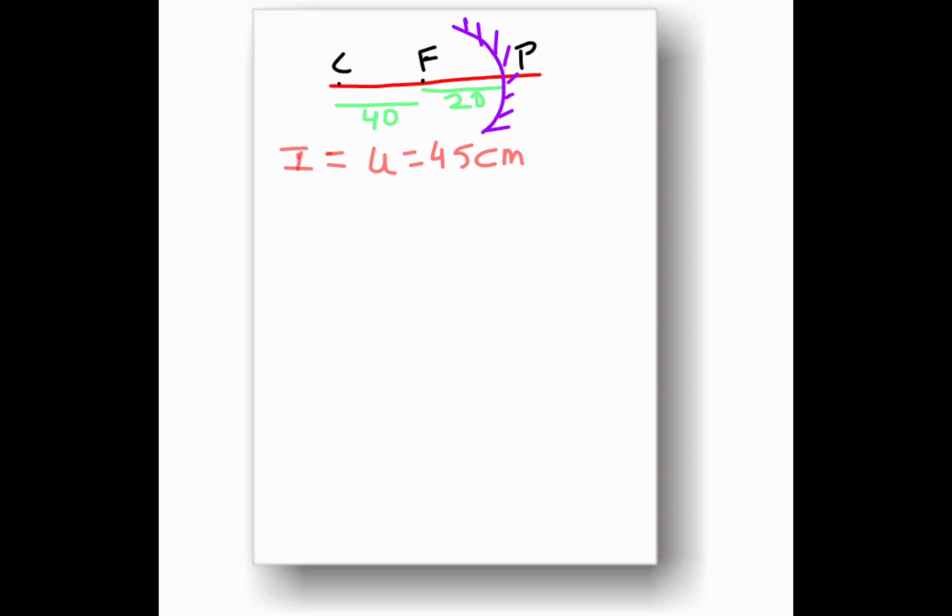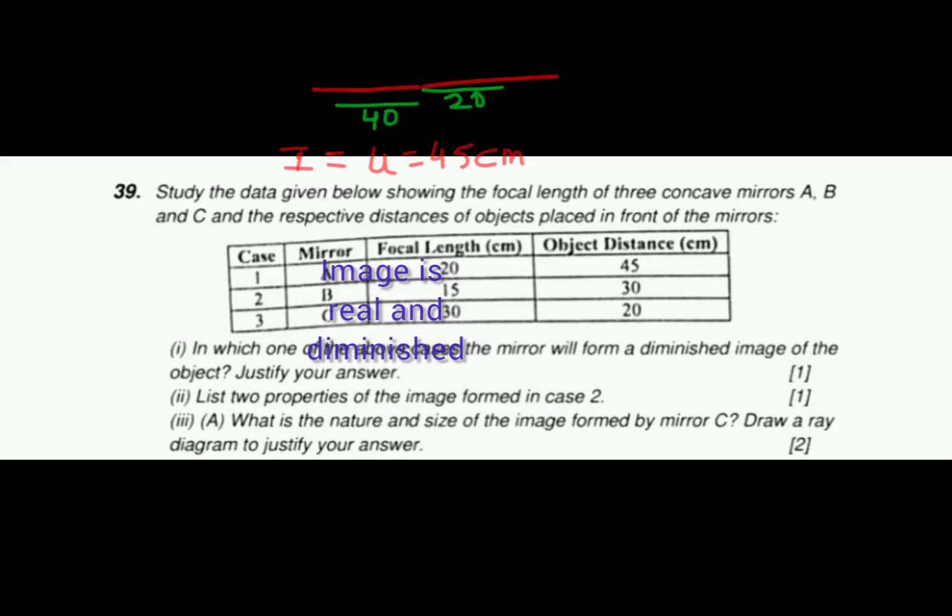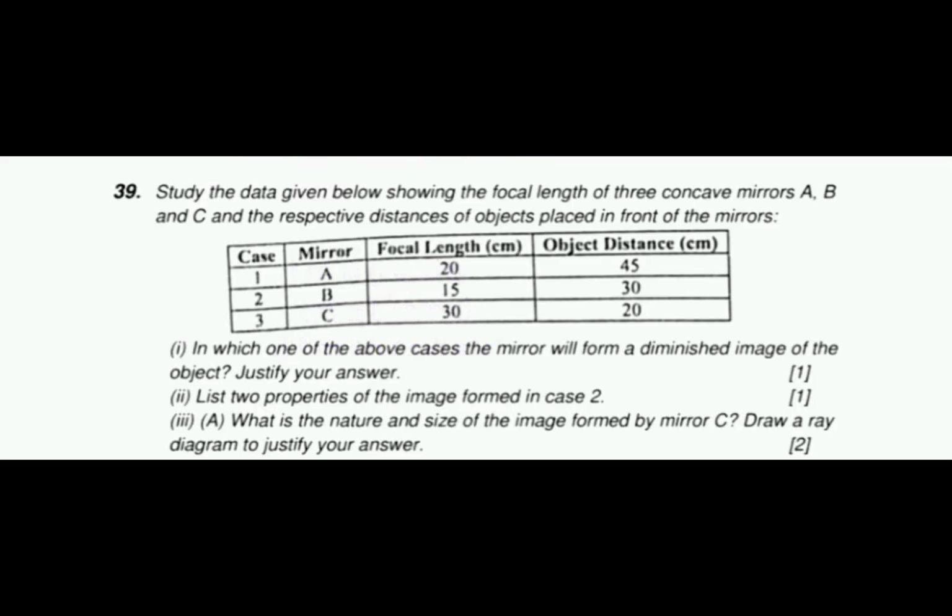In the first case they have given the object distance as 45 centimeter. That means we should keep the object behind C. So what is the condition? When we keep the object behind C, then we can see a diminished image, a real and inverted diminished image. Therefore, among the three cases, case 1 gives a diminished image.